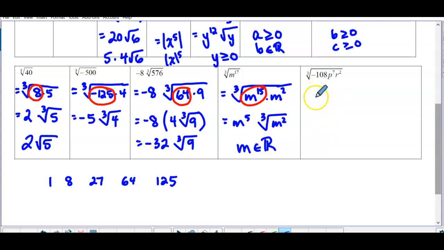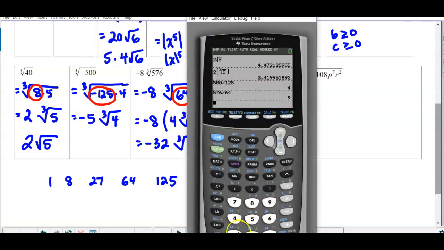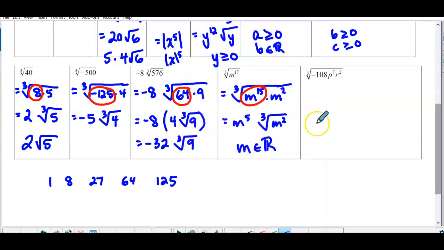Cubed root here, negative 108. So hopefully you know this, but if you're not sure, check. 108, I'm going to divide by 27 because I know 9s go into both of them, and I get 4. So that's good. It's negative, so I'm going to have cubed root of negative 27 times 4.